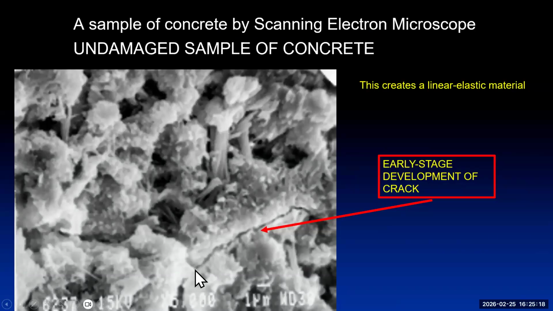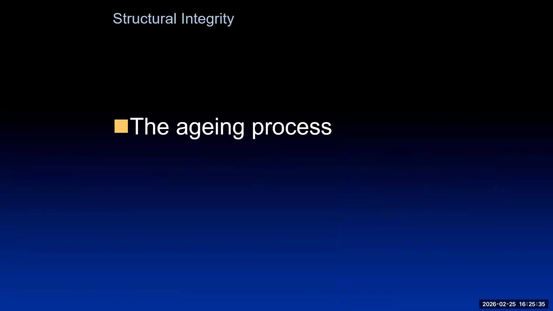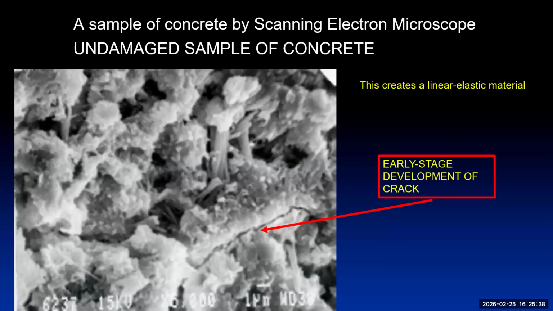Now let's look in detail. Here's a scanning electron microscope picture of concrete. And you can see there, it looks like early stage development of a crack. But that is ordinary concrete, the aging process.